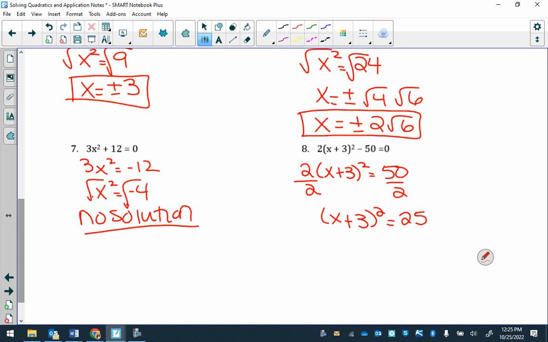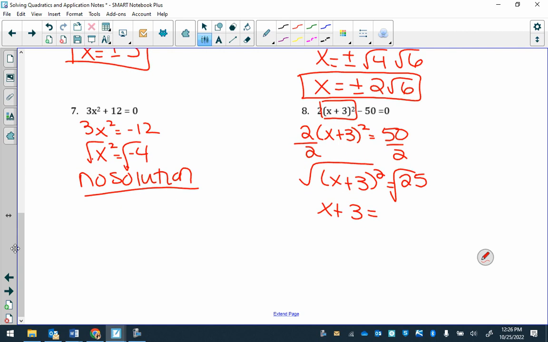Square root it. So those of you that like to make more work for yourselves, we don't need to do that. We don't need to expand x plus 3 squared, because some of you will put x squared plus 9, which is incorrect. So when you see this, you want to isolate those parentheses squared no matter what, all the way down. Now from here, we have x plus 3 equals, what is the square root of 25?